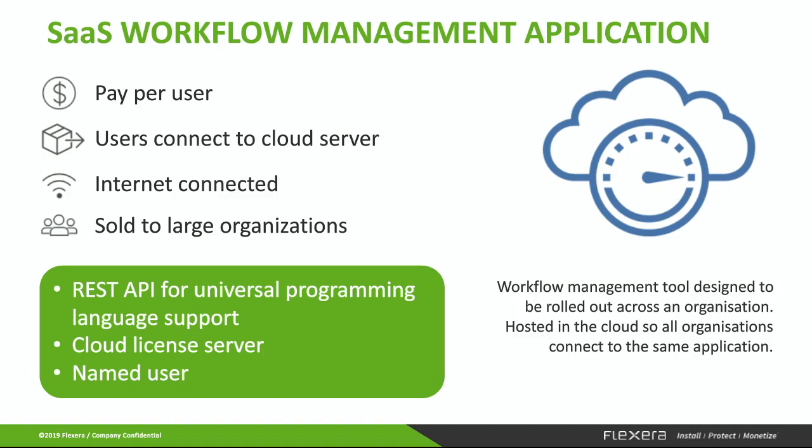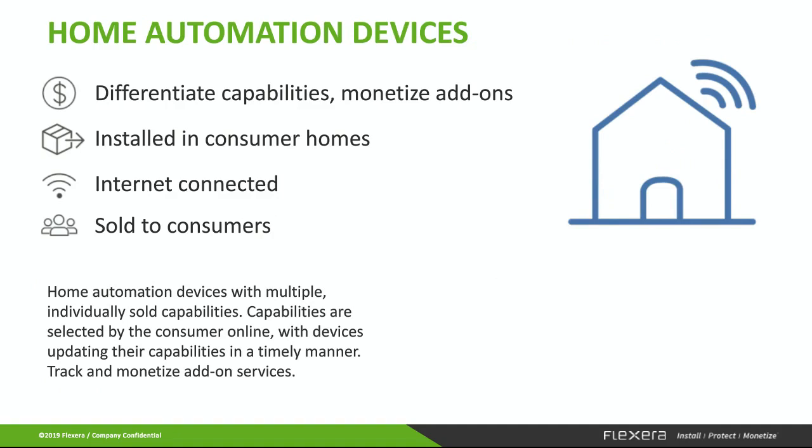So a final use case, how about home automation? A kind of classic IoT use case. So relatively cheap hardware, whether it's lights turning on and off, automated, internet connected thermostats, things like that. But selling into the consumer market.